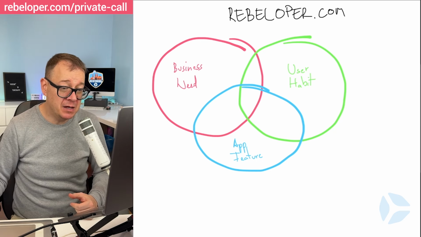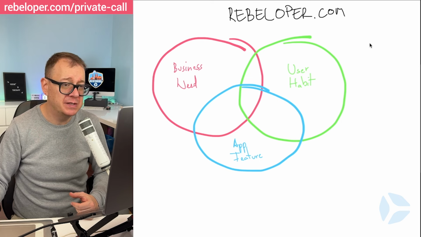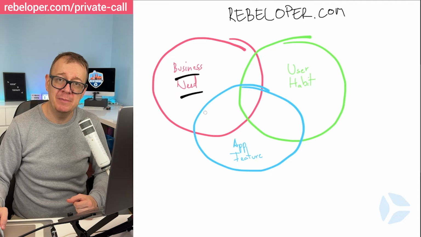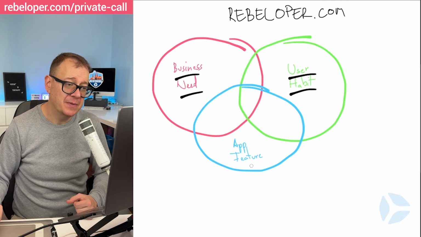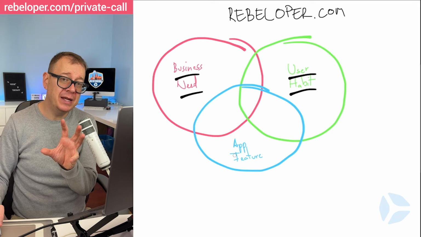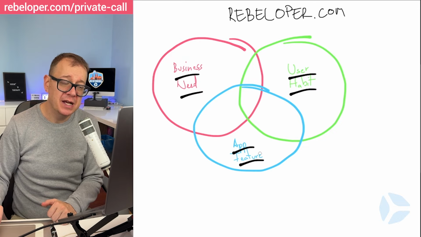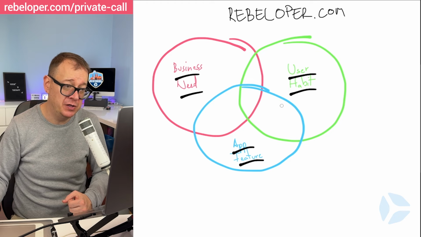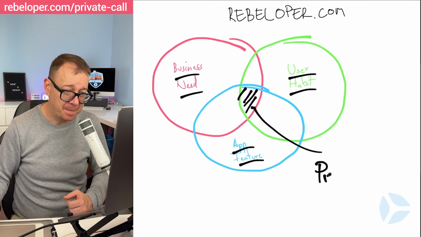Well, if you think about it, when you just decide what your business needs are for that particular app, you already know your user habits. And then you can tailor your app to have only those features that are going to solve your business needs with the help of user habits. So basically, this is where the profit is.